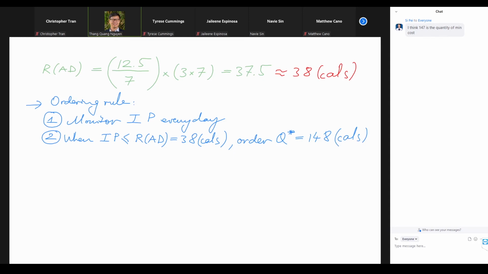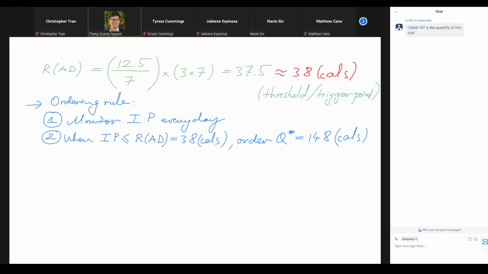So the reorder point in this case serves as the threshold for the next order, or equivalently, we call it a trigger point. If our stock is high like this, of course, we don't need to buy anything.